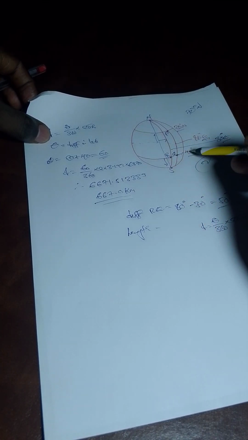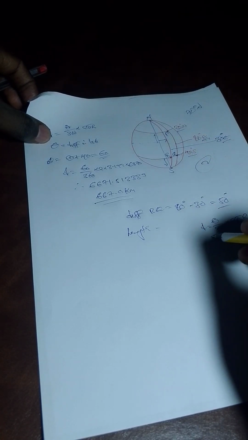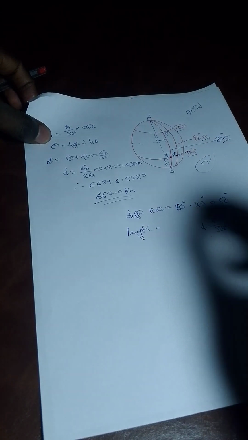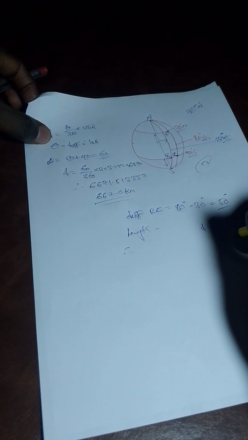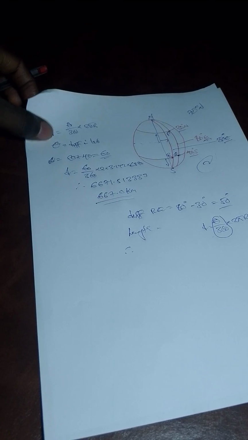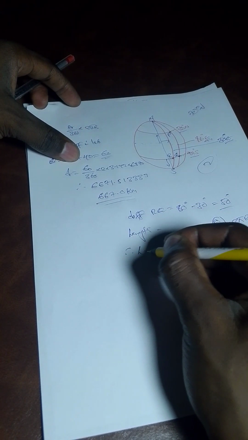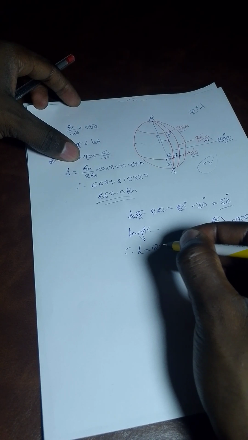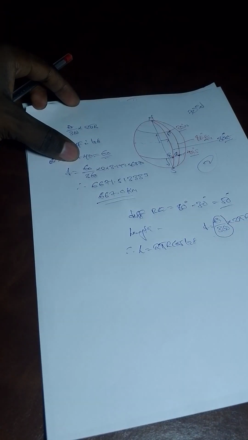So because we're talking about this one, you put 40. But since this one is for the distance, now for the length, you will say therefore the formula, you just remove this part, theta over 360. The formula will become the length. So our length is equal to 2 pi r cos lat.